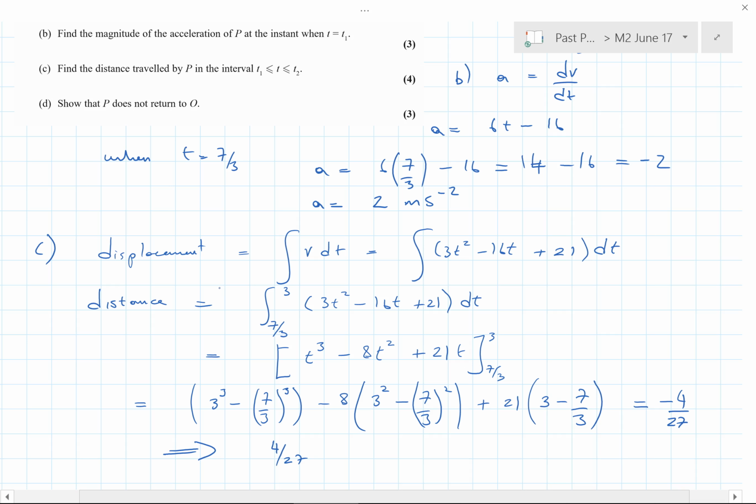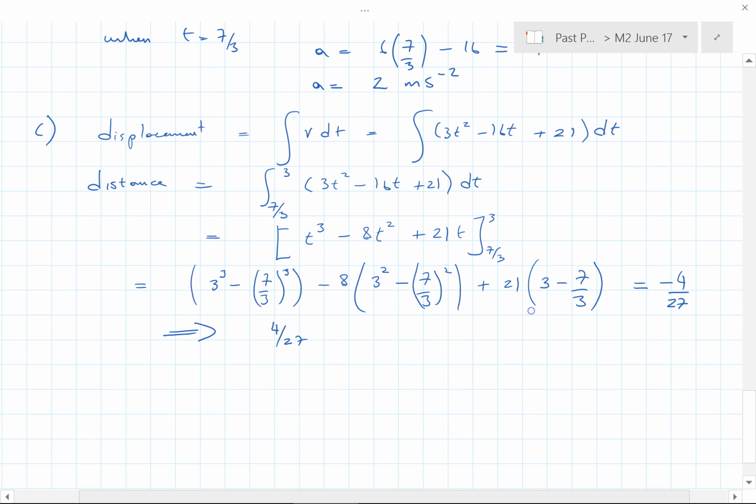Okay, now part D. Show that P does not return to O. Now remember, we've got displacement equal to the integral of v dt, and we've already found that to be 3t squared minus 16t plus 21.